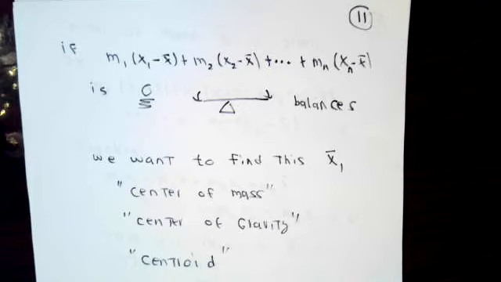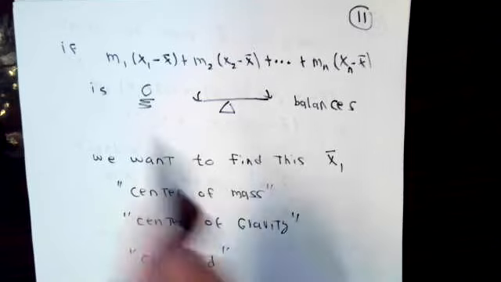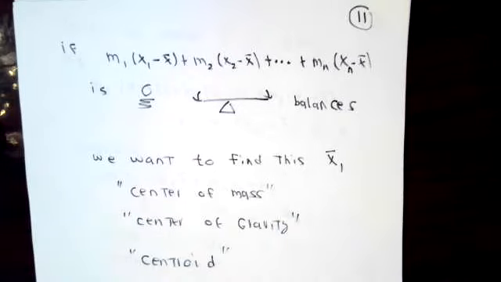I want to find this x bar that will make this happen, and because we're treating weight and mass more or less as equivalent, the words center of mass, center of gravity, centroid all mean the same thing to us in our application. This is the x bar value that makes this sum equal to 0.